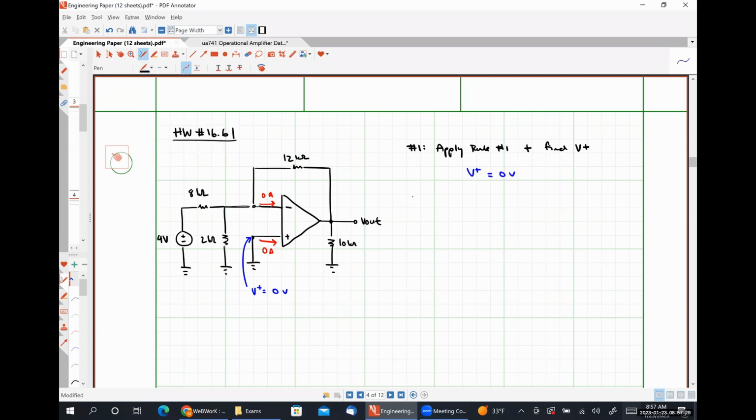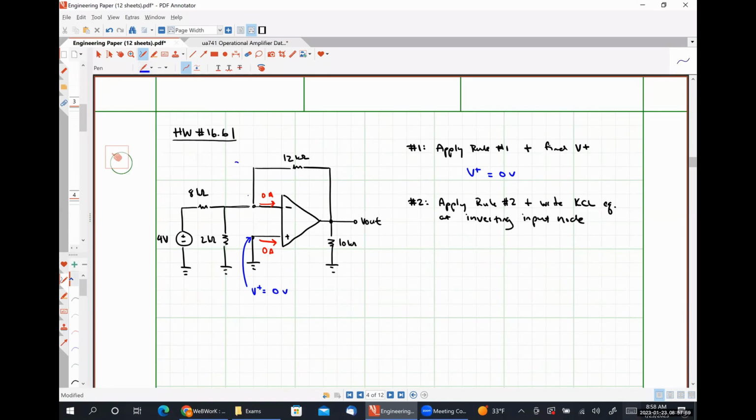Now we move on to step number 2. Apply rule number 2 and write a KCL equation at the inverting input node.